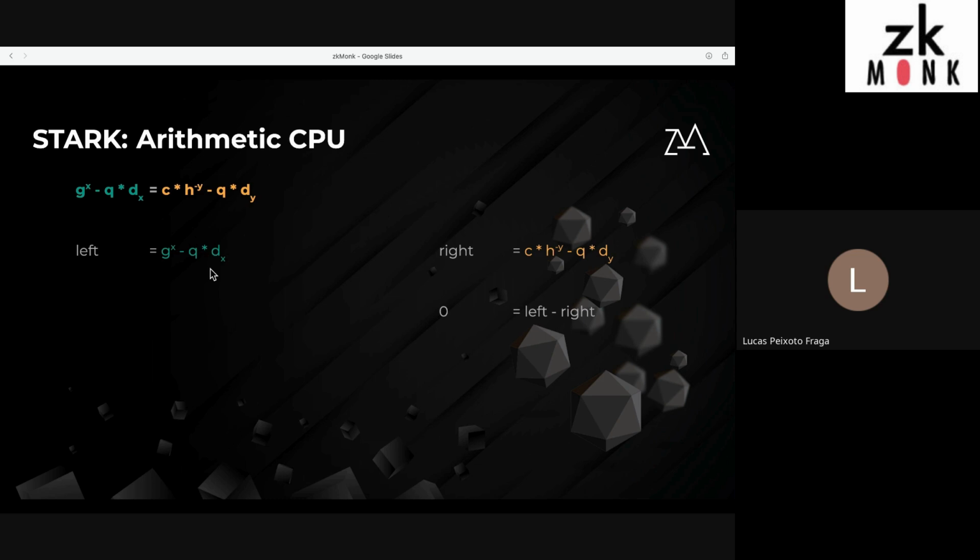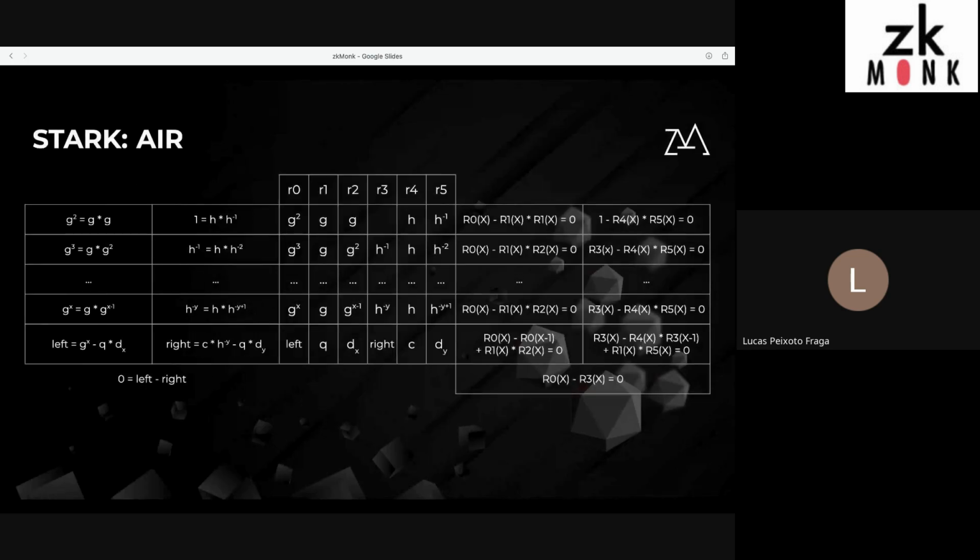And why is this cool? Because these more complex polynomials allow us to reduce the size of the columns, the height of the table. And this is how it happens. Suppose that we have, for instance, 6 columns available to us.